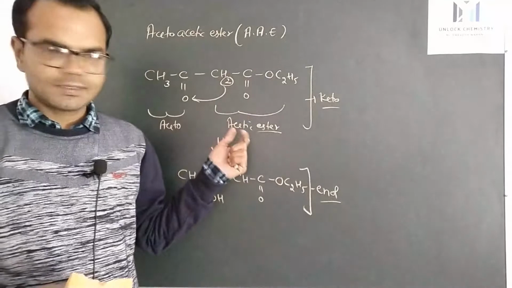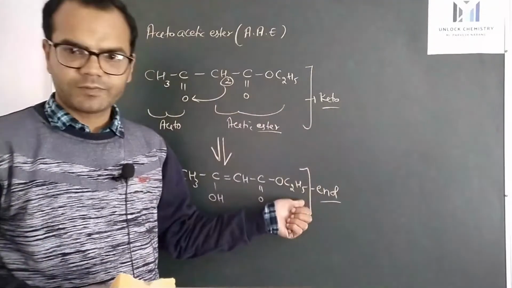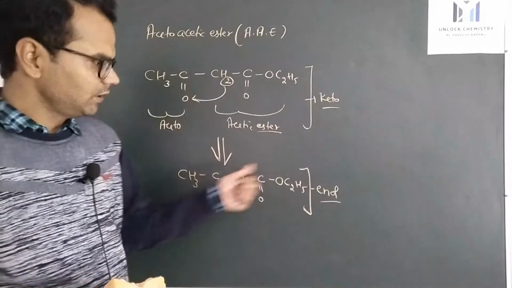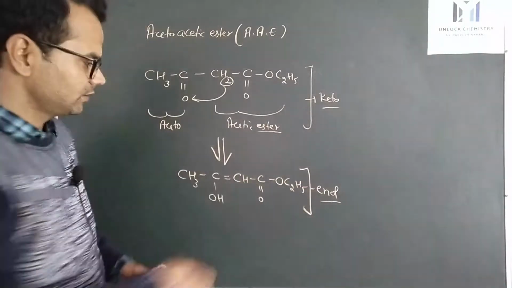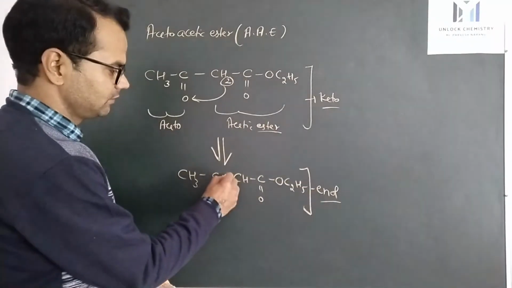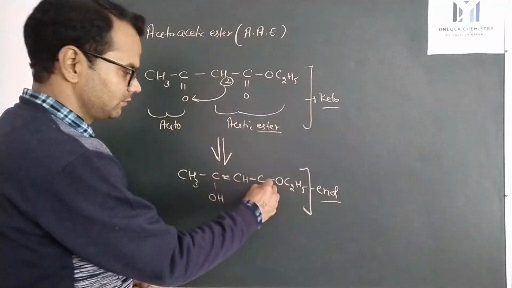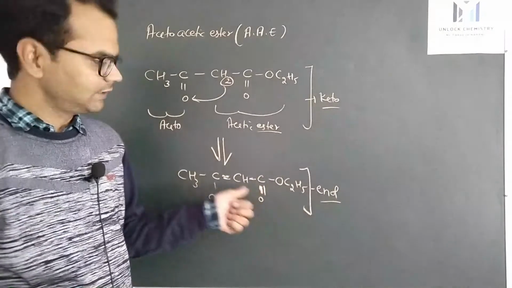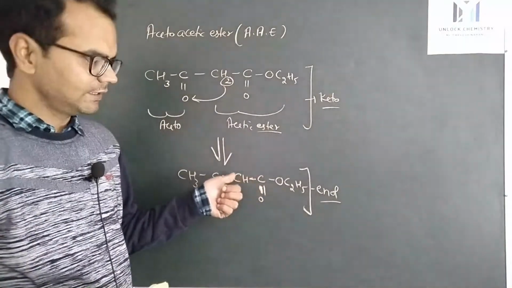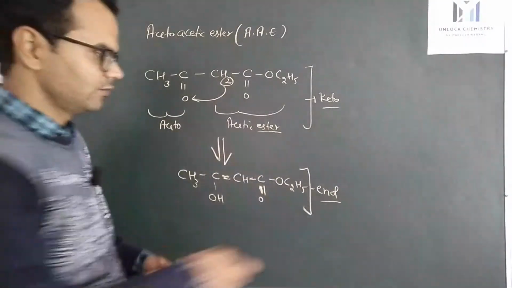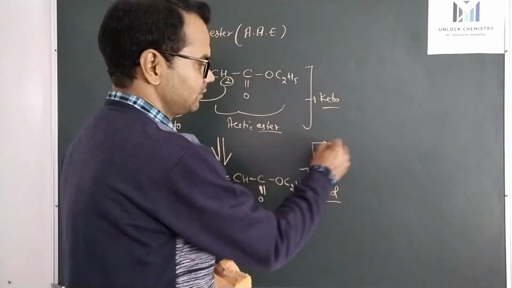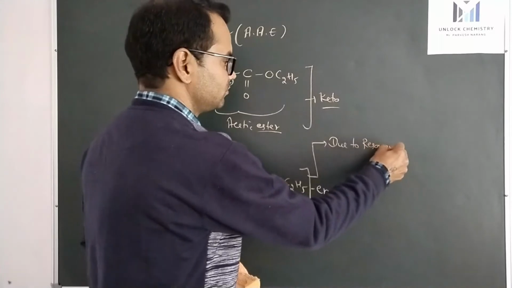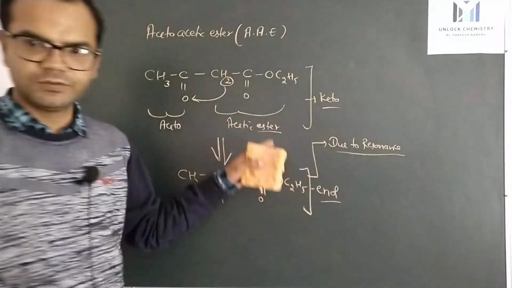Now if we compare the stability of keto and enol form, we can see in the enol form there is a resonance condition, double, single, double, single, double bond. That is our resonance condition that results in extra stability. So enol is stable due to resonance.